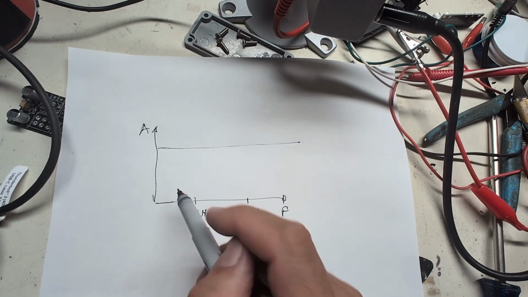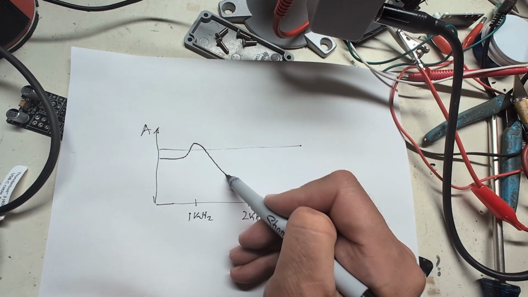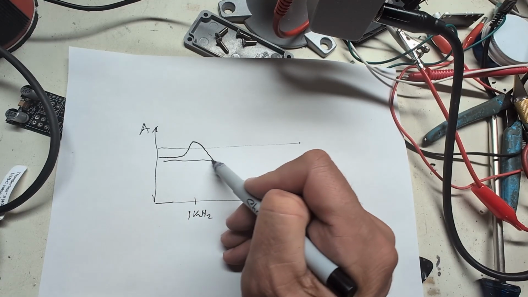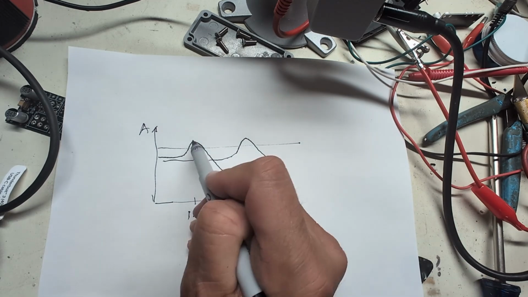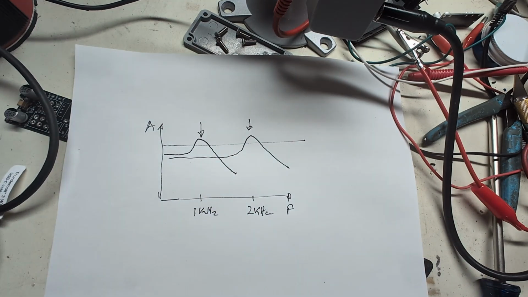We saw this with the switch in one position, and with the switch in another position, we saw this. So these are the two resonances that we are trying to create with this circuit.